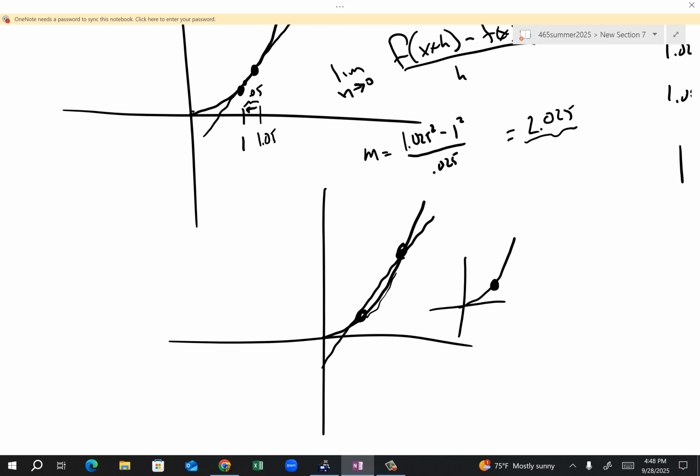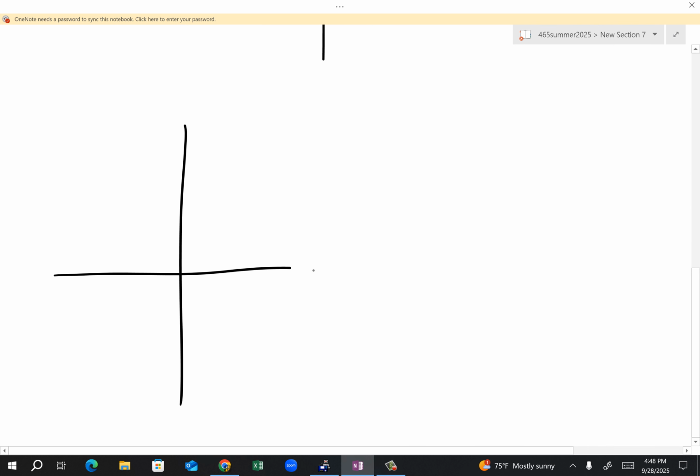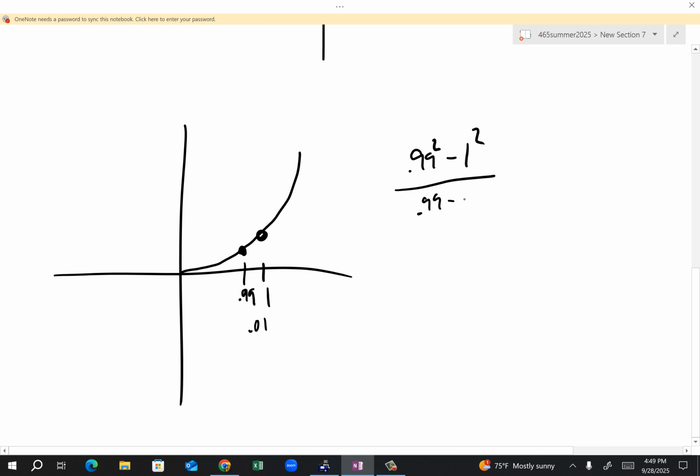That's right. And on top of that, it should also work on the other side of 1. Well, what do you mean? I mean like 0.99. Well, that's a difference of 0.01. I know. So 0.99 squared minus 1 squared over 0.99 minus 1.